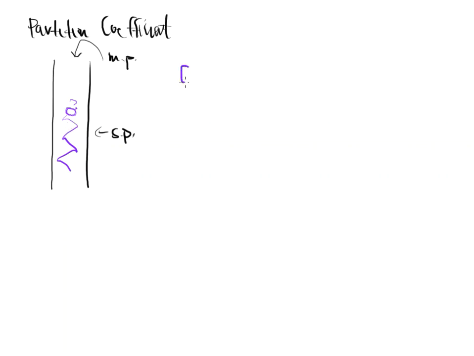Okay? So it basically takes a look at the concentration of your component in the mobile phase, and it looks at the concentration of the component in the stationary phase. And it takes those two concentrations, basically like equilibria that you learned about in maybe a second semester general chemistry class, right?